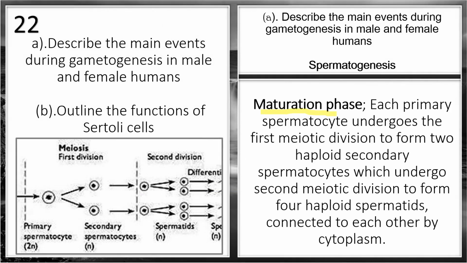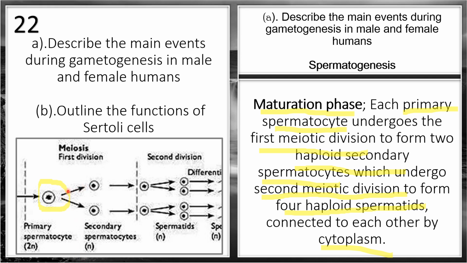Then there is the maturation phase. Each primary spermatocyte undergoes the first meiotic division to form two haploid secondary spermatocytes, which undergo the second meiotic division to form four haploid spermatids connected to each other by the cytoplasm. So we have our primary spermatocyte here.